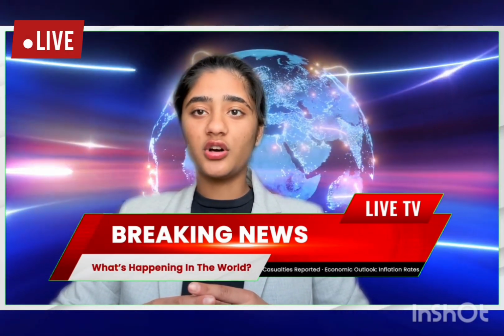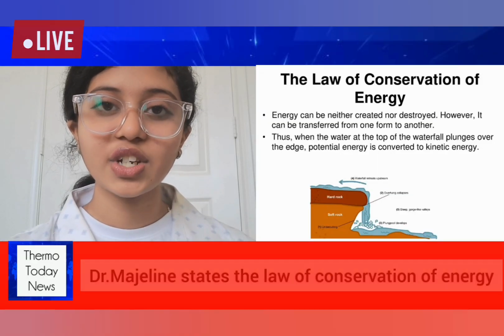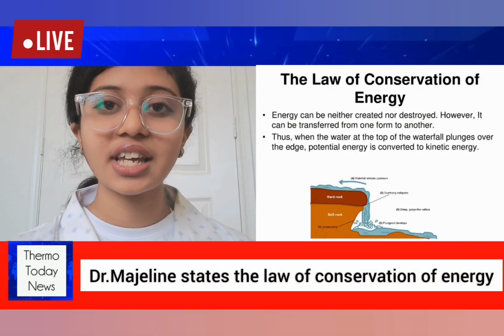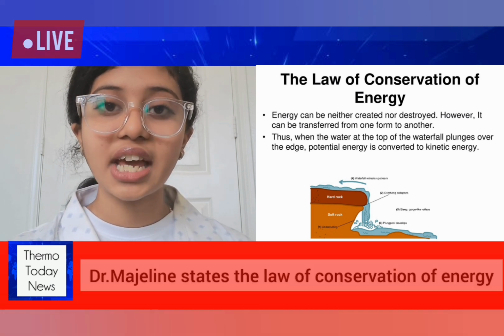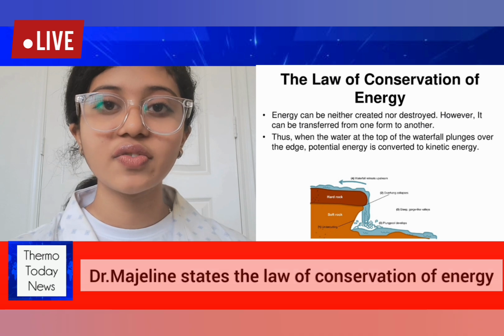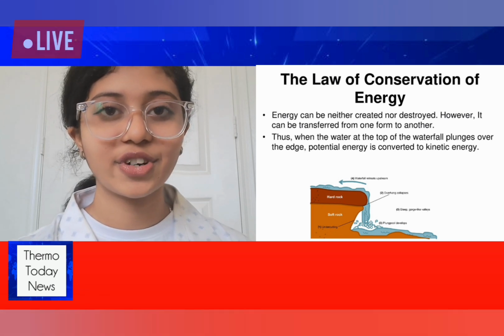Dr. Midgelin, could you please explain how these relate to the law of conservation of energy? Absolutely. The law of conservation of energy tells us that energy can't be created nor destroyed, it just changes forms. So when the dam opens, the potential energy of the water converts into kinetic energy as it rushes down river.